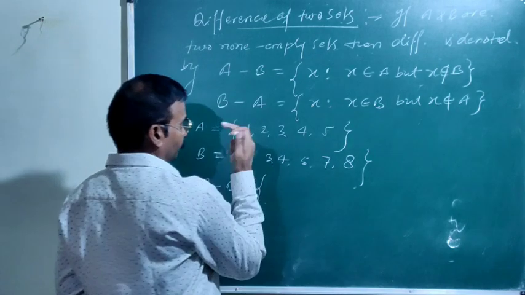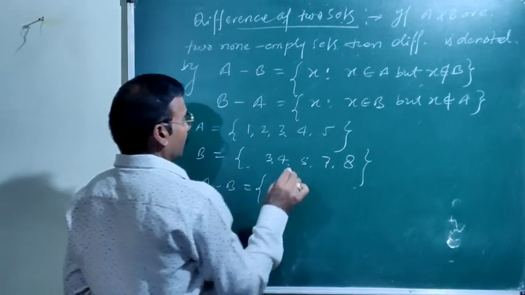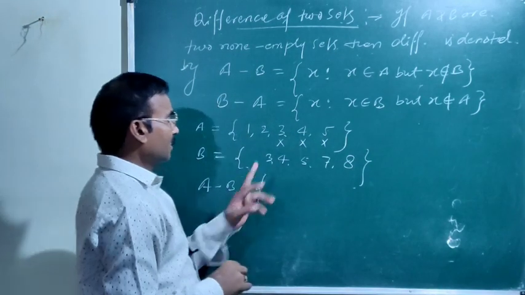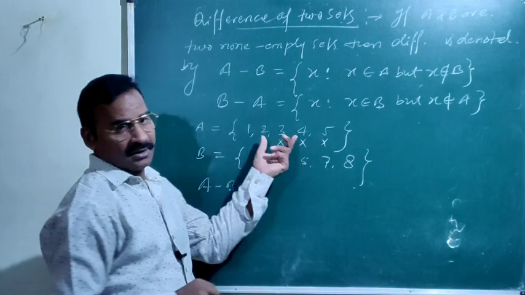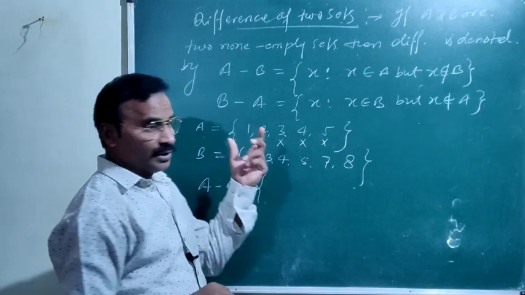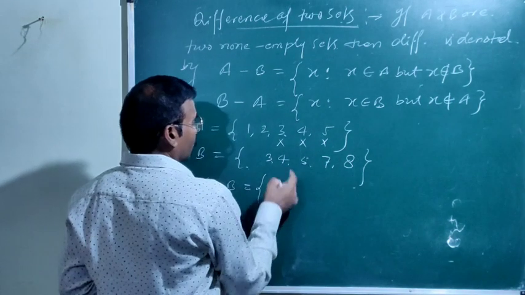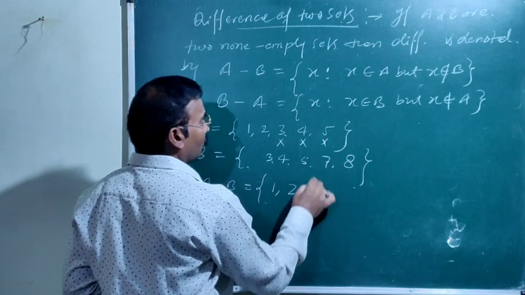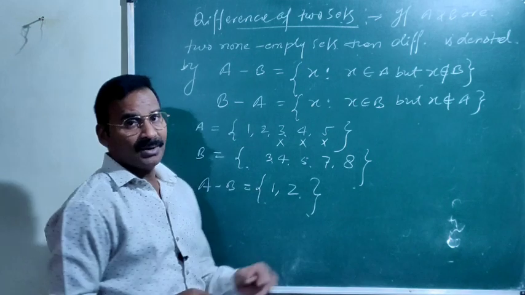In B we have 3, 4, 5, which also belong to A, so you have to take them out. The remaining elements of A are 1 and 2 only, so A minus B is 1, 2.